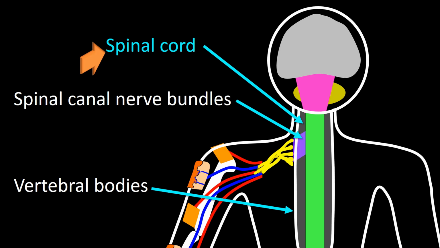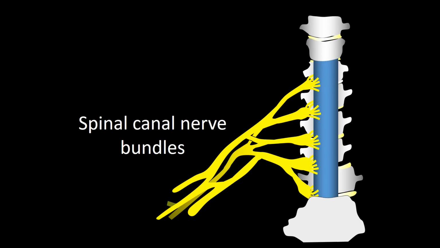This concludes our discussion of the spinal cord, and now I'd like to address the spinal canal nerve bundles. That is, those structures of the nervous system that are inside the spinal canal from the spinal cord to the brachial plexus.